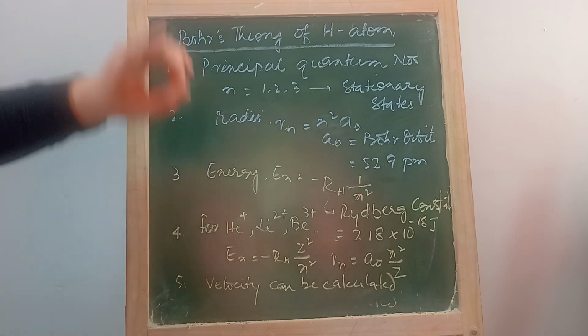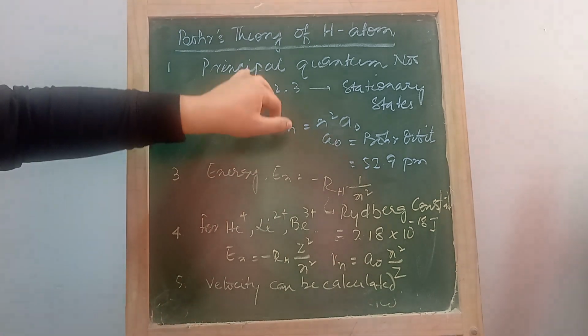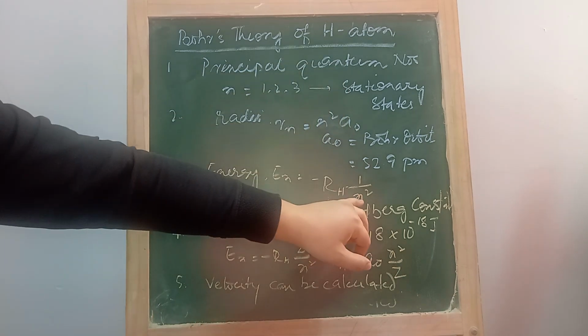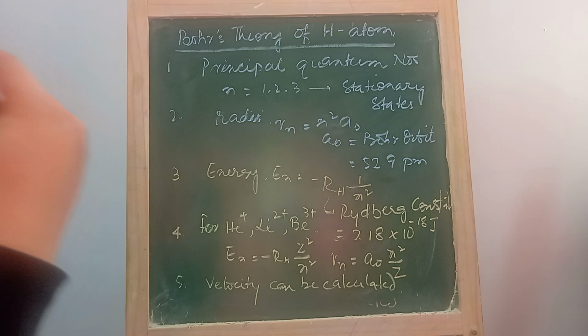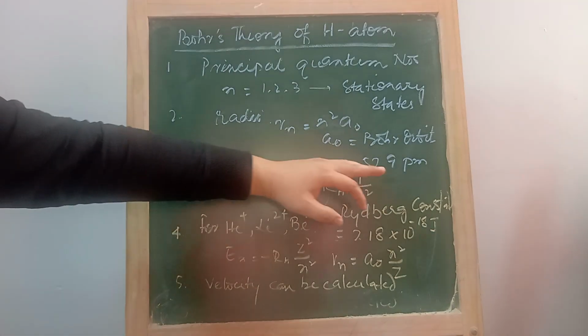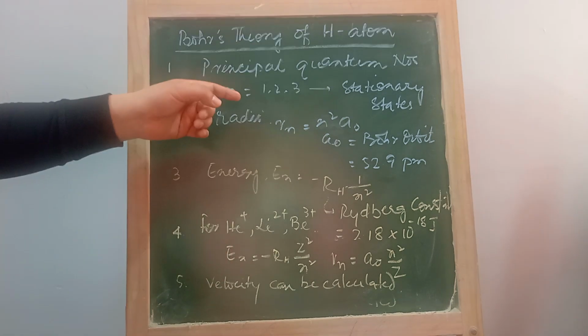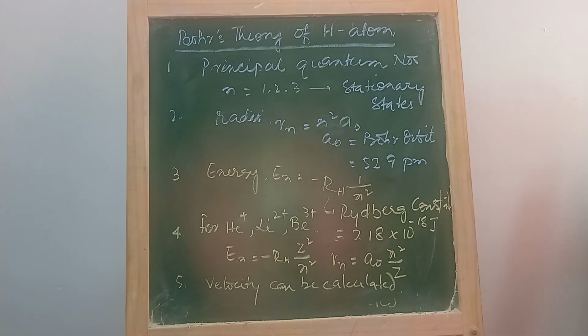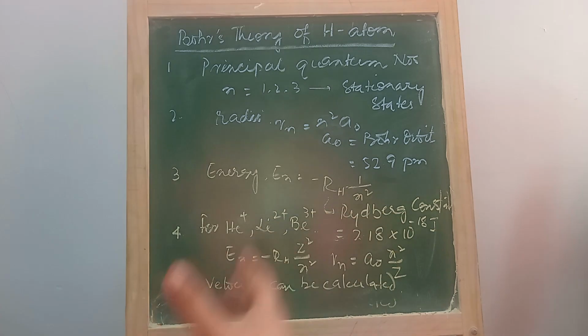For example, if it is moving in the first stationary state where n equals 1, where the principal quantum number equals 1, then 1 square is 1, so the value will become this. So when an electron is moving in this radius, 52.9 picometer, which corresponds to principal quantum number 1, it will have an energy of minus 2.18 multiplied by 10 to the power minus 18 joules.